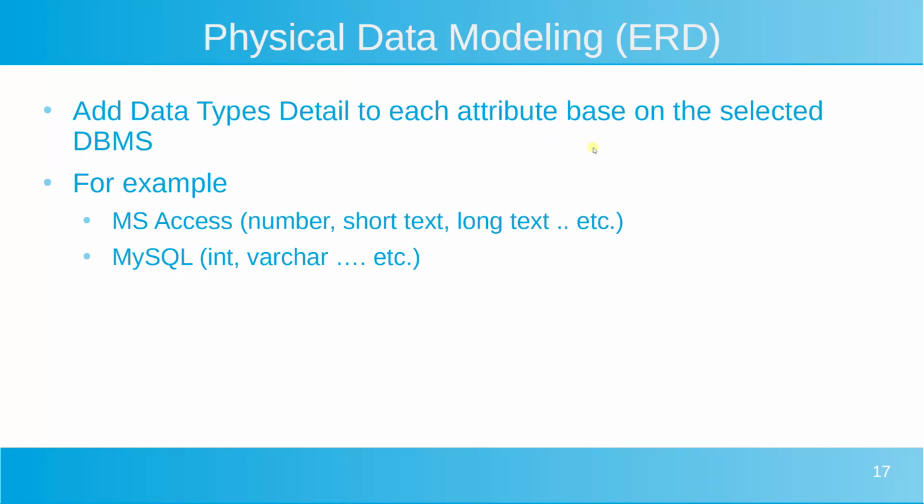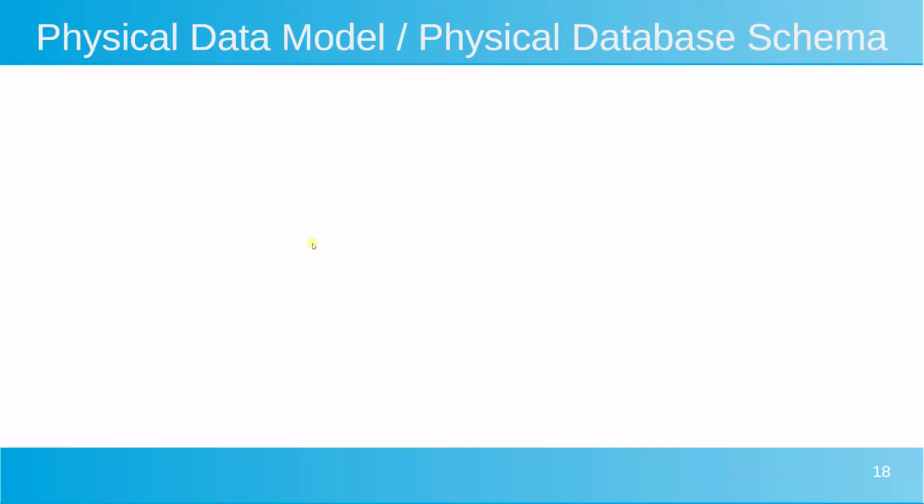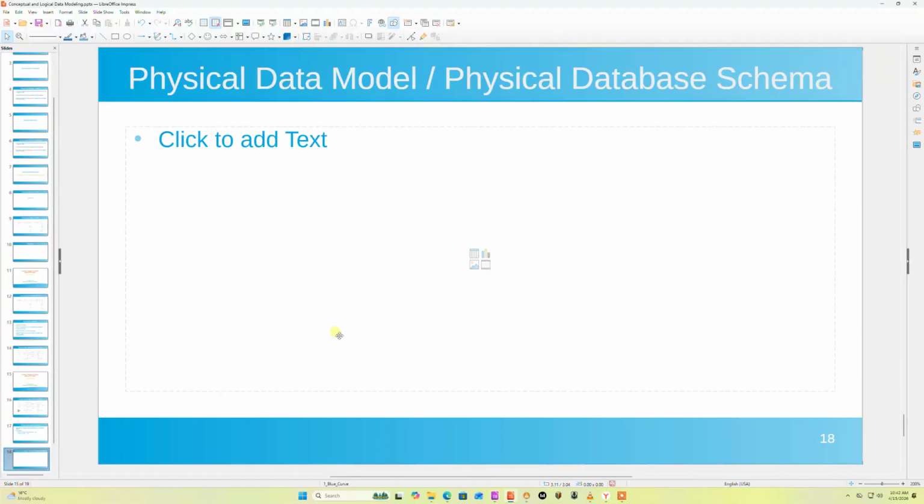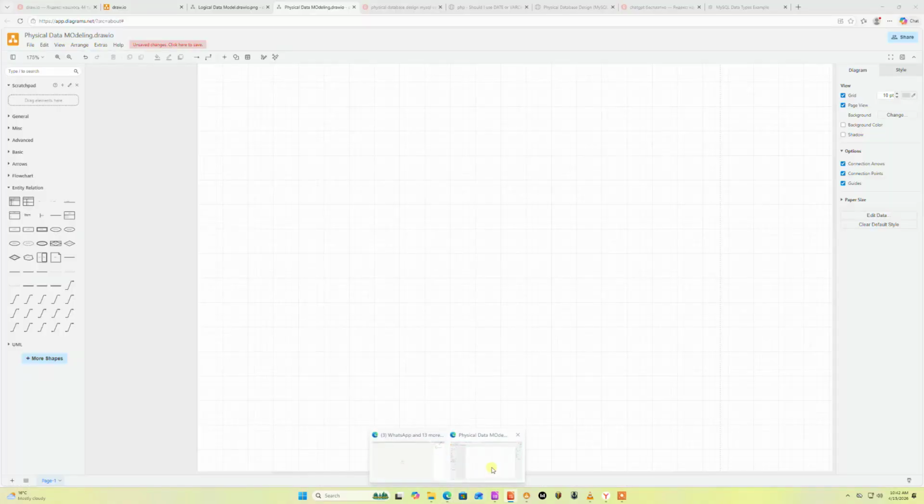If we are using MS Access or MySQL, each has its own set of data types for each attribute. So we use that and write it with each entity. How could we do that? Let's go and draw them in draw.io that we already talked about.